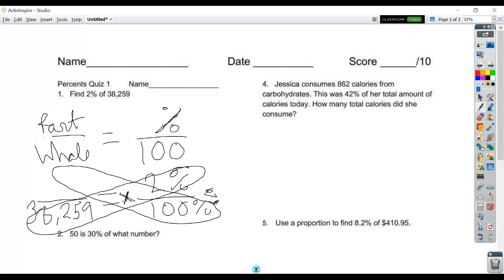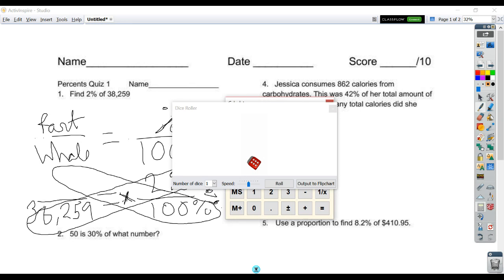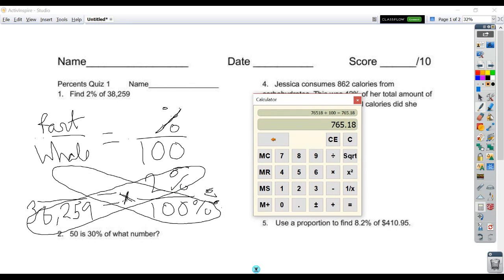And so if I use my calculator, I have 38,259 times 2, because we're multiplying across, and then I divide by 100. And this gives me 765.18. And that is my answer right here, 765.18.